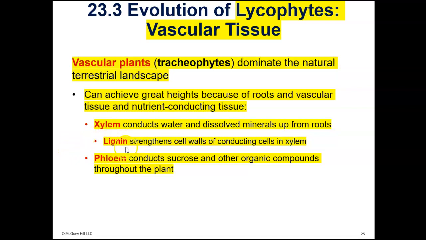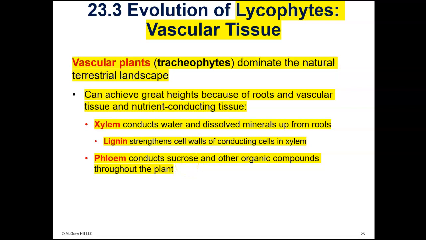Lignin strengthens the cell walls of the conducting cells in xylem tissue. So xylem is conducting water and minerals up from the roots. Phloem is conducting sucrose and other organic compounds throughout the plant, starting with the leaves, because sucrose is food for the plant.